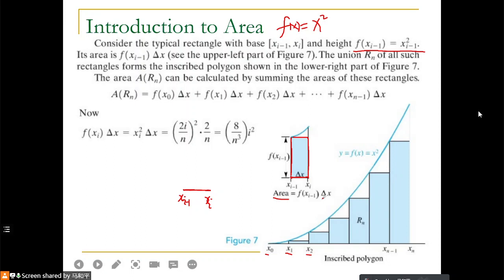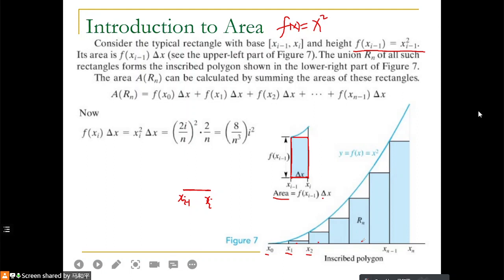See the upper left part of figure 7. The union Rn of all such rectangles forms the inscribed polygon shown in the lower right part of figure 7. This is the first rectangle, the second one, the third one, this one and this one.